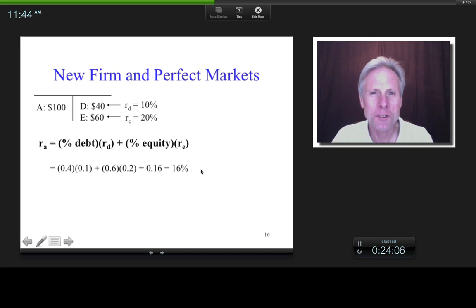So a weighted average of the discount rate for the asset investment decision would be 16%. And so what should the discount rate be if you're going to do an NPV on this side? Basically 16%.